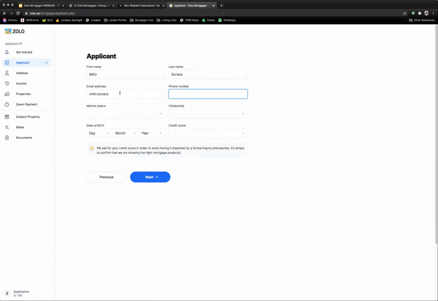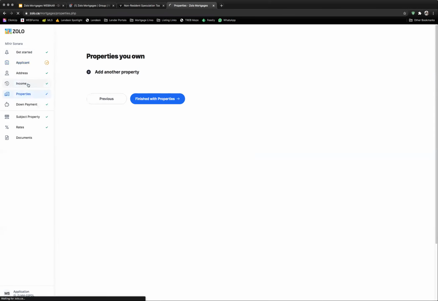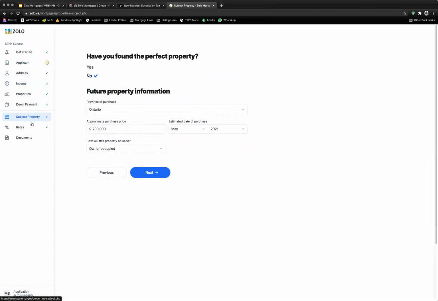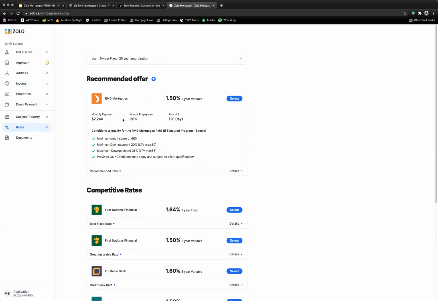They can actually return to this application and have it repopulated at any time. Once all of this is filled out, you can see all the check marks are there. That means it recognized me and saw what I was looking for. The client can do everything up to choosing a rate.